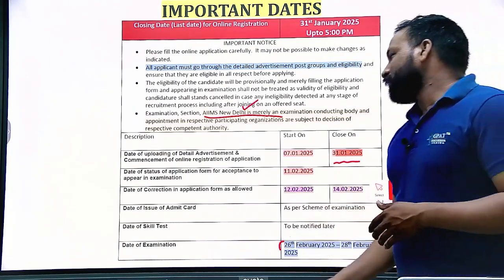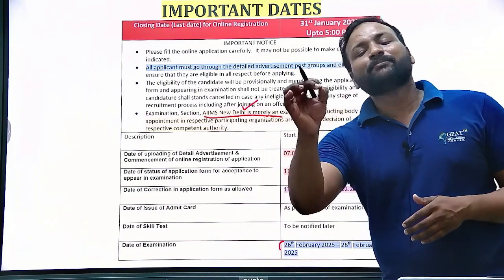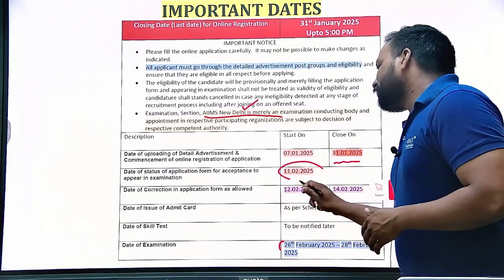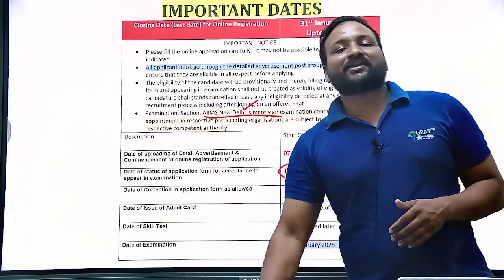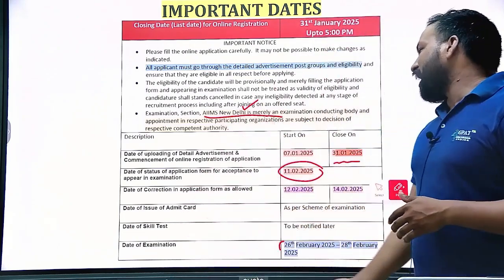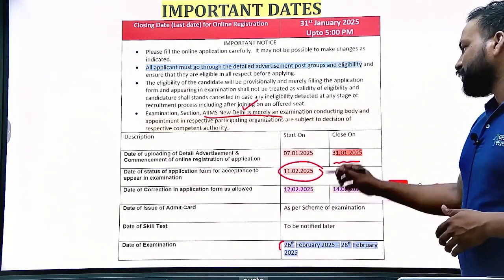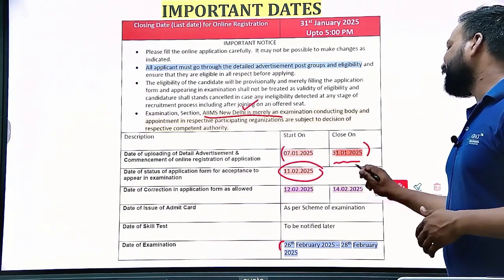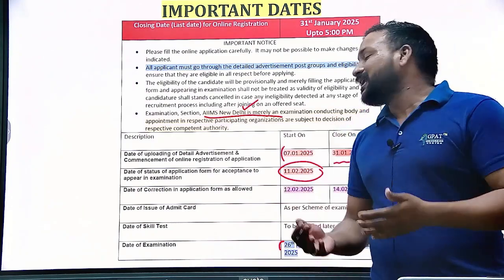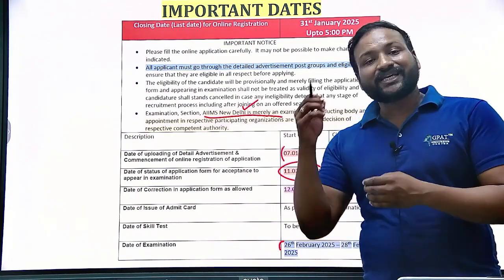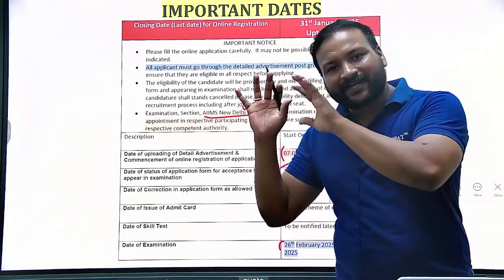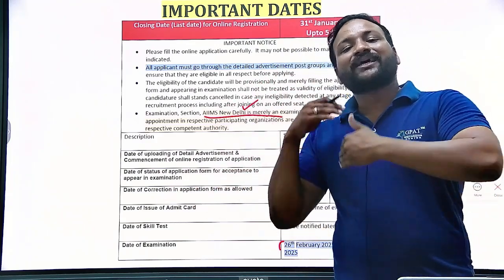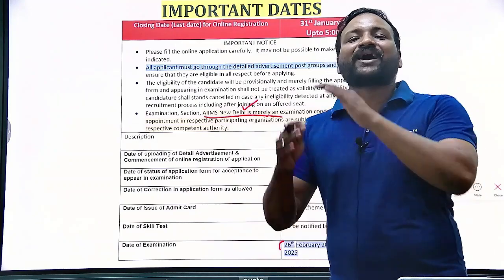Okay, but you need to know the other important dates, like the application form acceptance to appear in the examination after registration. So after registration, on 11th February, whatever application you have made on the particular website, they will show you their form of acceptance.